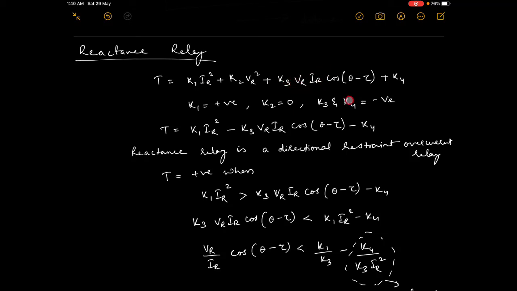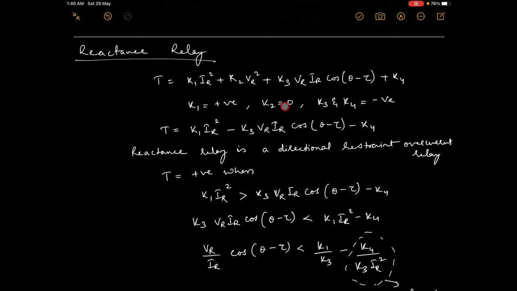This we want as our restraining force, that's why we have made it negative. K3 and K4 are the spring constant, we already know it, or gravity in case of beam type relay, just now what we have seen. We want this and this to be negative because they are restraining, and this is the operating force, so we want it to be positive, and we don't want this element, so we have made K2 equal to 0. We don't want it to be voltage dependent.